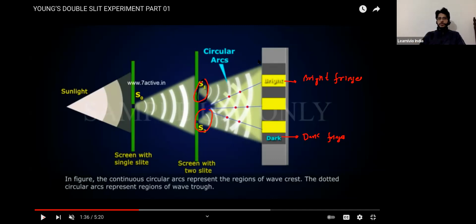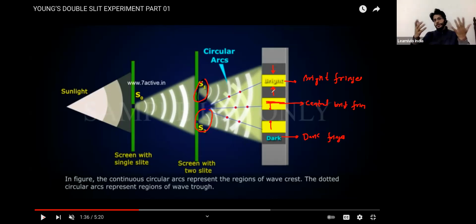The second thing is you have to calculate the thickness of the bright fringe and the thickness of the dark fringe. You have to calculate the position of the bright and the dark fringe. One more thing. This is the central fringe. We call this the central bright fringe. We will measure all distances from here.